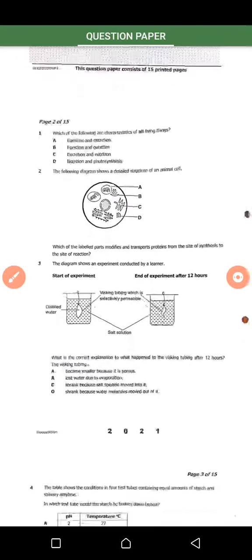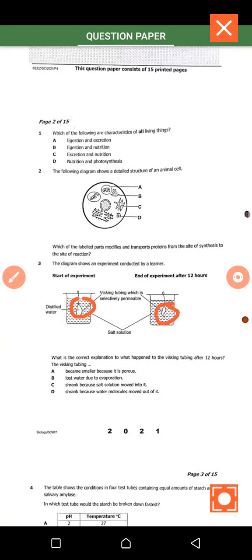For 3, they are saying the diagram shows an experiment conducted by Elena. This is the start of the experiment and then the end of the experiment after 12 hours. Here we can see that there is a whisking tube, and this whisking tube was reduced in size. They are asking what is the correct explanation for what happened to the whisking tube after 12 hours.